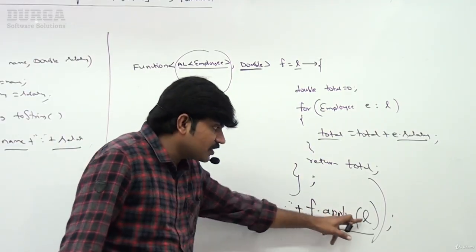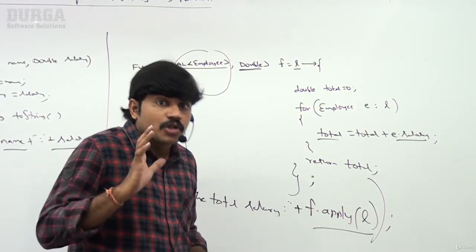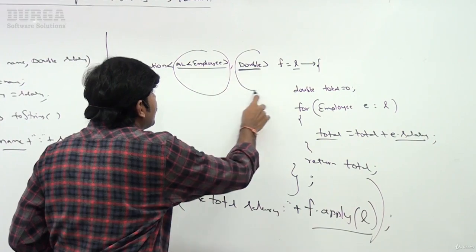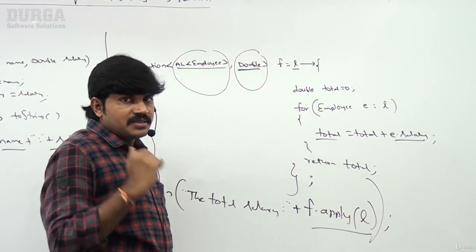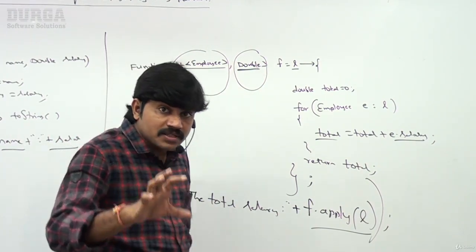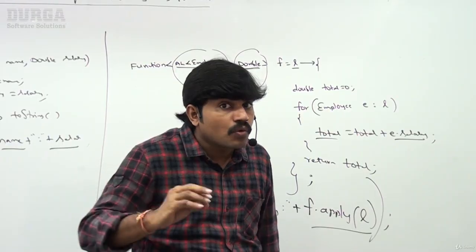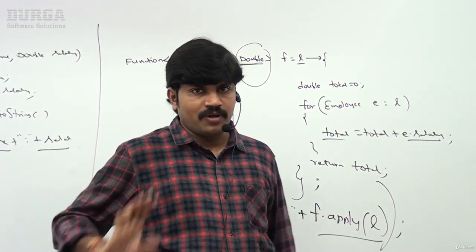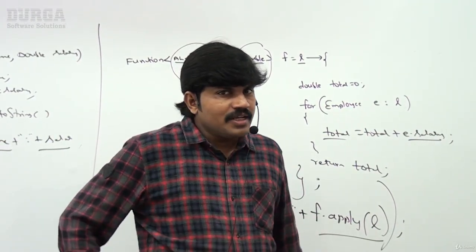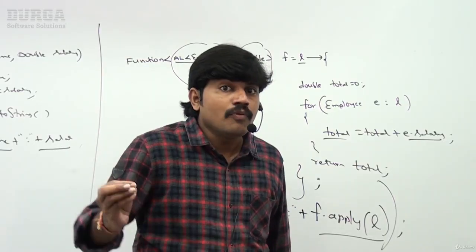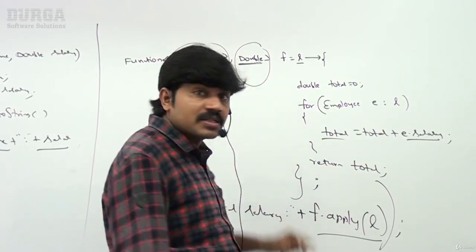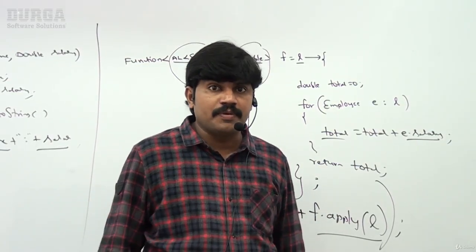If you apply this function to my ArrayList of employees, it is going to return the total salary. This is how you can use a function to find the total salary of all employees. Slowly you are getting into the habit of using Predicate and Function in day-to-day coding. Remember this.